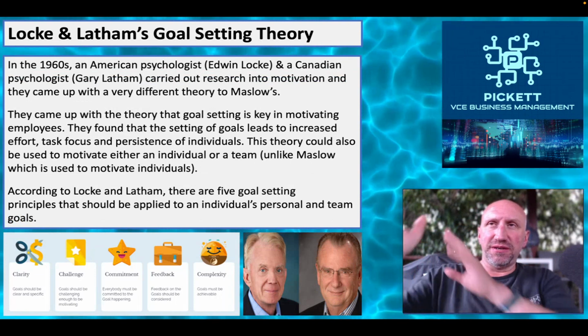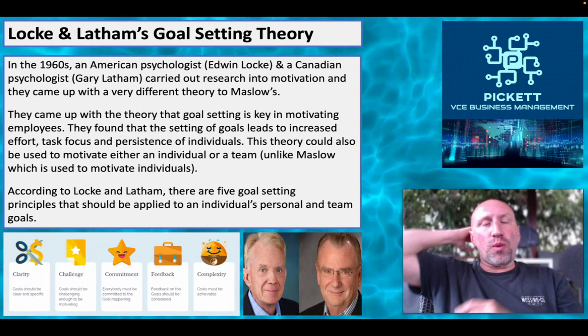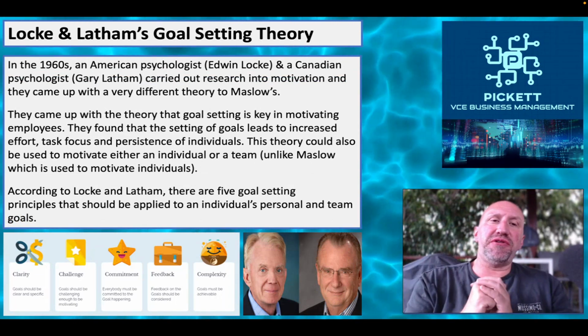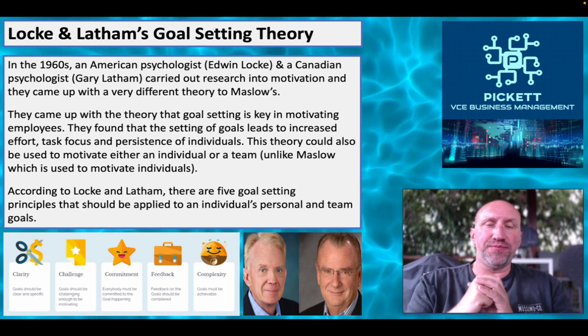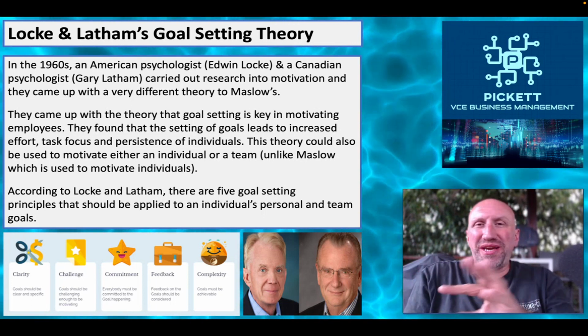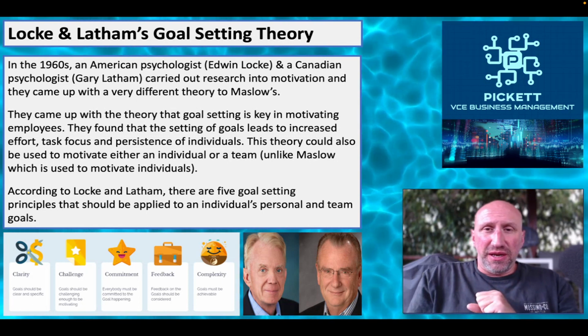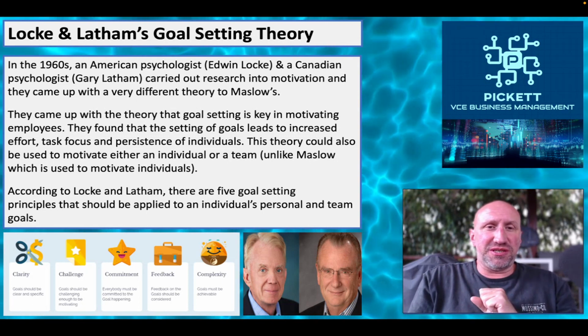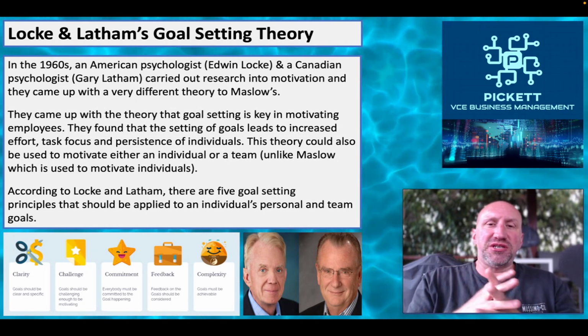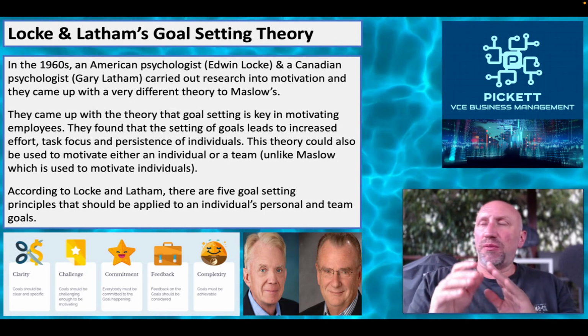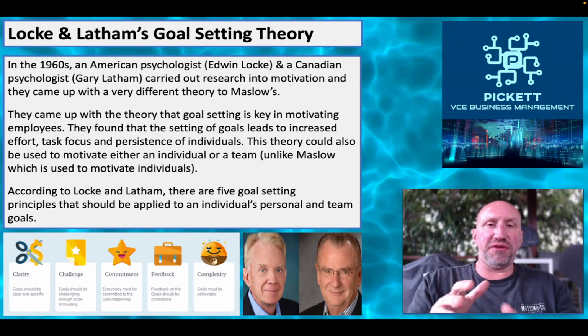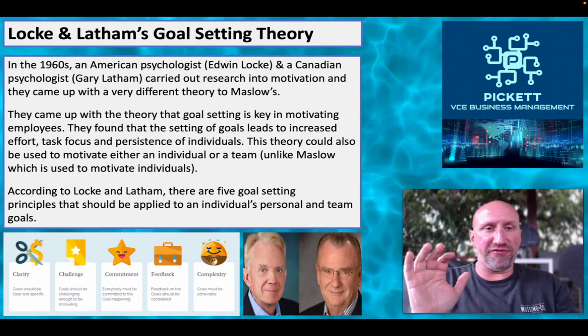That is Maslow. We now look at the second theory, Locke and Latham's goal setting theory. This one was a bit later, 20 years after Maslow. A couple of North American psychologists carried out some research into motivation. They came up with a completely different theory to Maslow's. Very, very different.